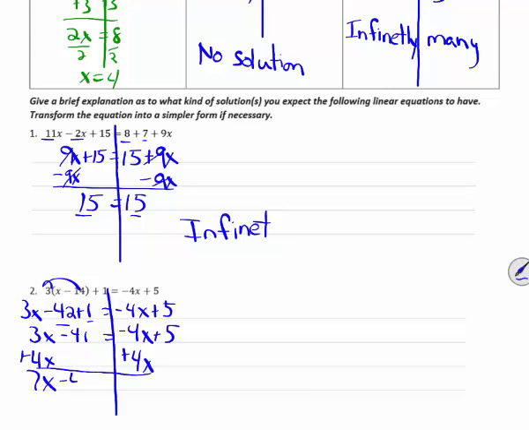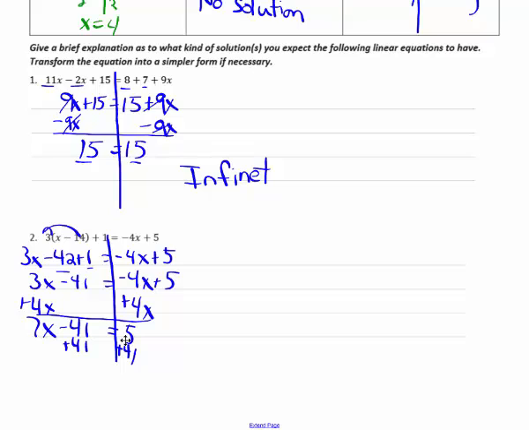So 7x minus 41 equals 5. Add 41. I know there's going to be one solution because my variables have not canceled out. So we get 7x equals 46. Divide by 7. x is, we're just going to leave it as a fraction, 46 over 7. So one solution.